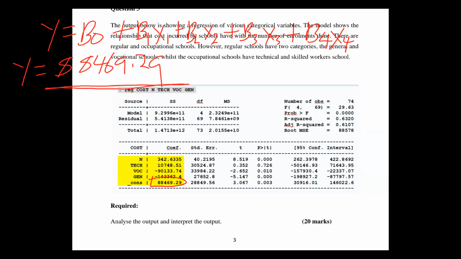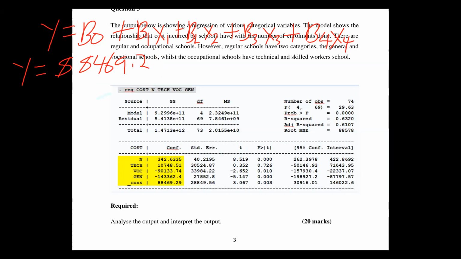The fixed cost is 88,469.29 units, which simply means if those units were Zambian kwacha, the fixed cost will be 88,469.29 ngwe. Is that clear? Yes, it is, please.